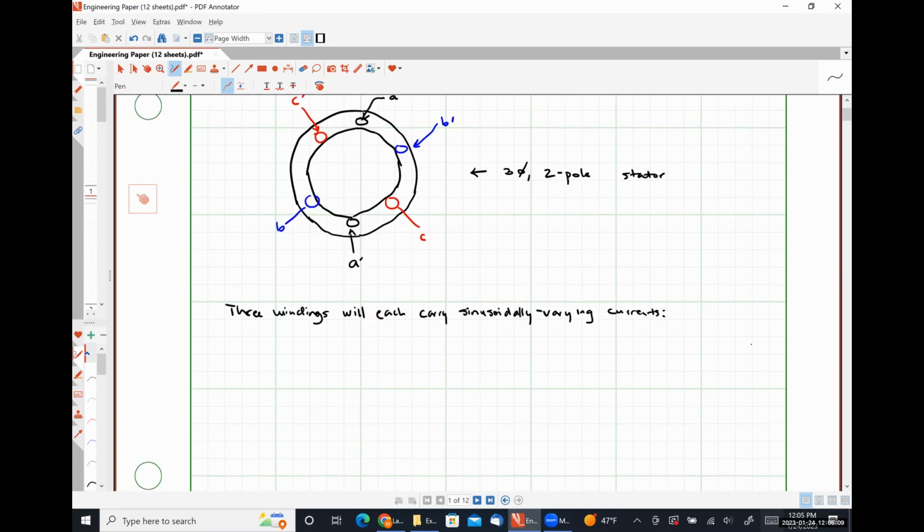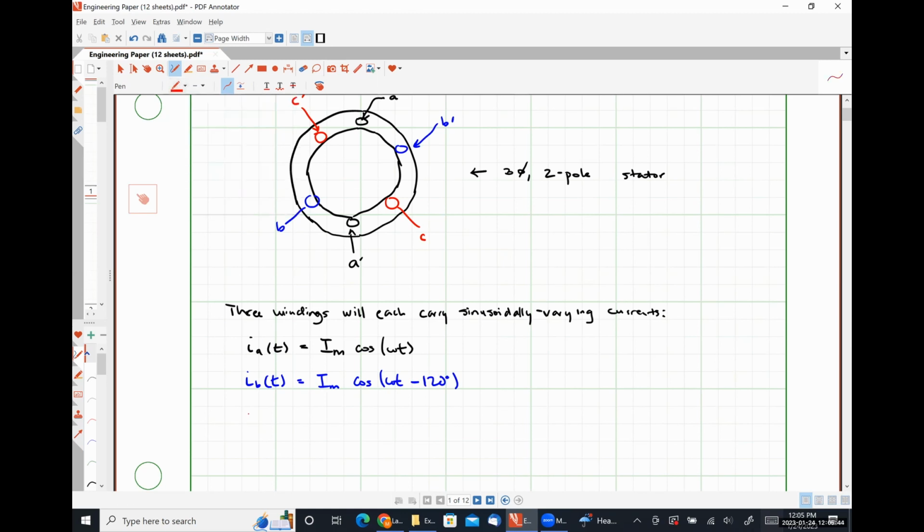The current in the A windings, IA of T, will be whatever the amplitude of our current waveform is, which I'm just calling I sub M, cosine omega T. I'm going to say that our B phase current is IM cosine omega T minus 120 degrees.